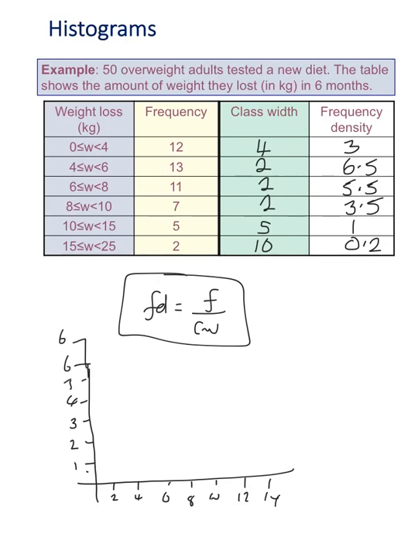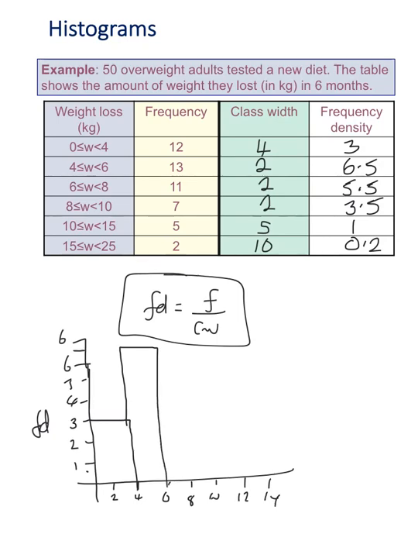Looking at the first one, 0 to 4 has a frequency density of 3, so 0 to 4 will go up to 3. And then 4 to 6, it's going to be wider, will go up to 6.5, and so on.